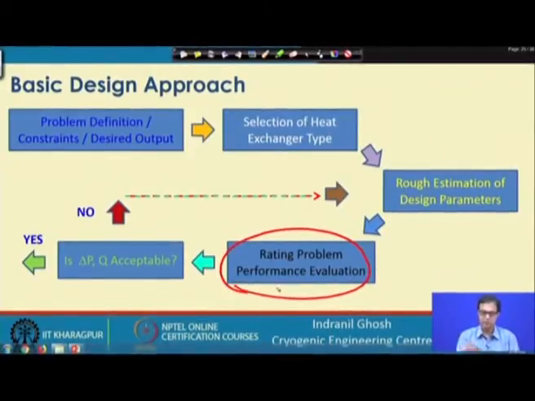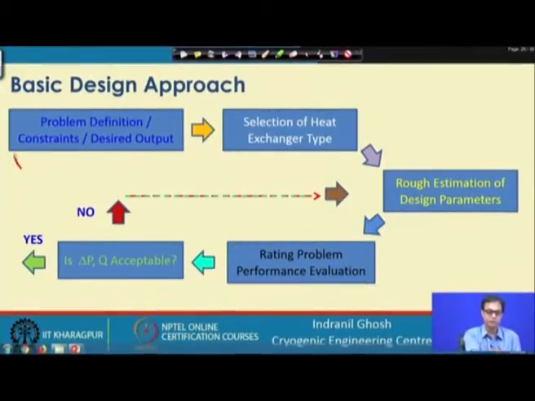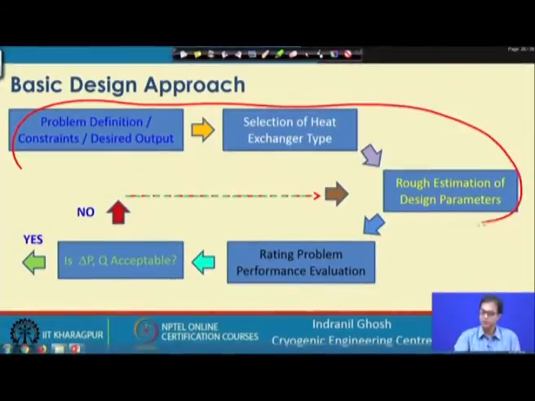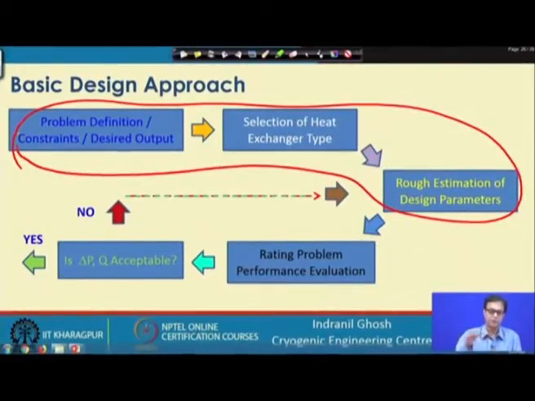Up to this part we were trying to solve a sizing problem, where all the inlet flow conditions and the exit flow conditions, temperature, flow rate, etc. are known, and we try to estimate the heat exchanger length or the heat exchanger size.